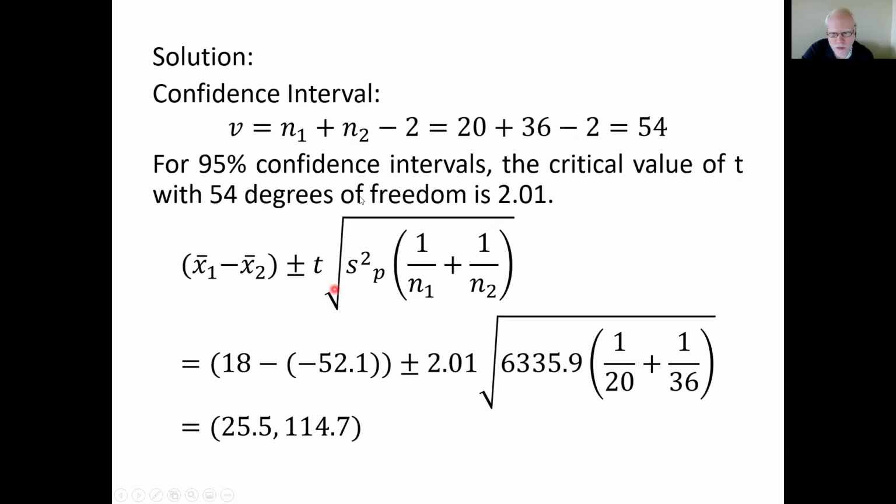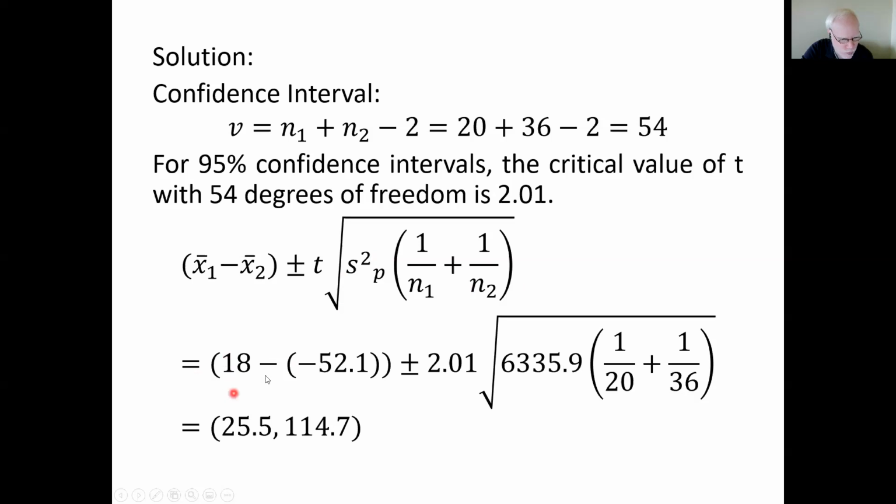For the confidence interval, don't forget, we need to find our degrees of freedom. So we've got 54. For a 95% confidence interval, the critical value of t with 54 degrees of freedom is 2.01. And we get that from column 2. And then we find the confidence interval. So we do sample mean 1 minus sample mean 2 plus and minus t times this, right?